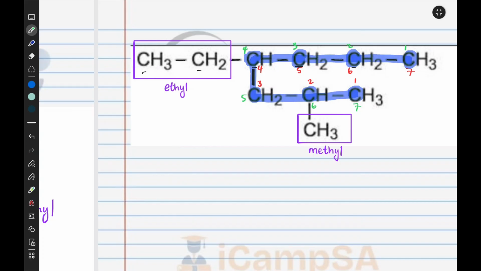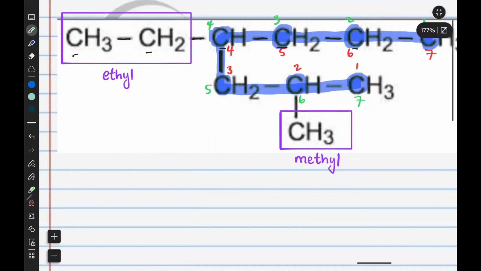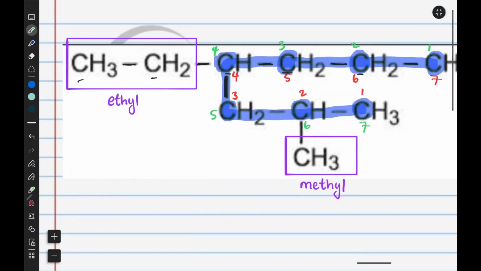If you notice, whichever way we start numbering from here, the ethyl group is always in position 4. So it's fine, we don't have to prioritize it in terms of the numbers.